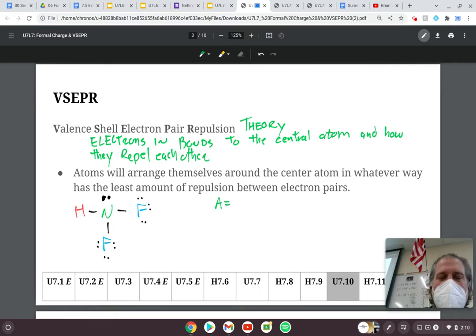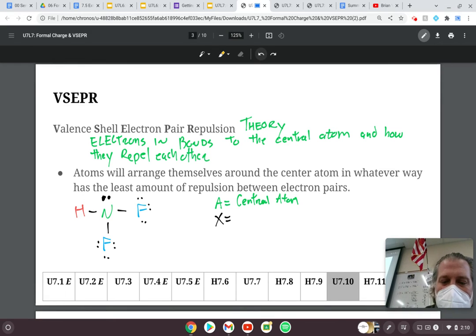there's some nomenclature that I'm going to use that might be helpful for understanding it, especially if you're a pattern-oriented human being. A always refers to the central atom. X refers to the number of atoms bonded to the central atom.